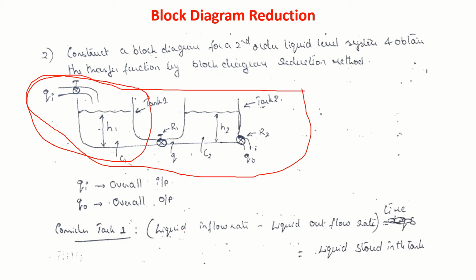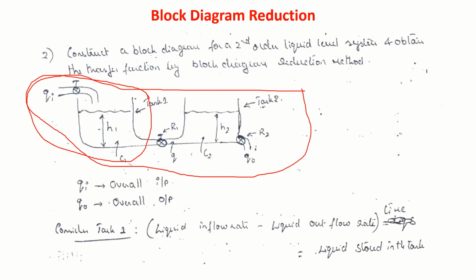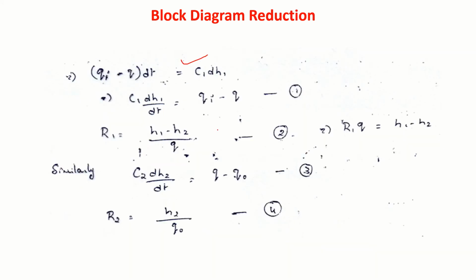Okay, liquid inflow rate minus liquid outflow rate is equal to liquid stored. You will get this. This I have taught you earlier also. From this you will get this equation. Then hydraulic resistance R1, this one is nothing but H1 minus H2 by Q. You get this equation.